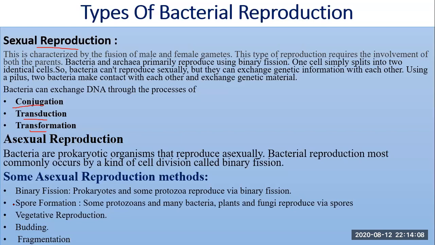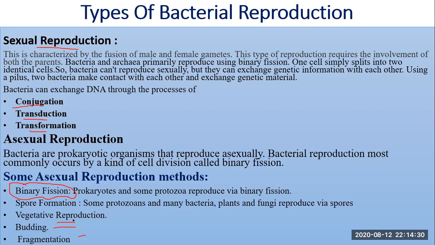In our viral reproduction, we read all of them except binary fission: budding, fragmentation, spore formation, vegetative reproduction. We already read that and have more idea about it, and the process is the same as in viruses. In case of bacteria, there are some changes.